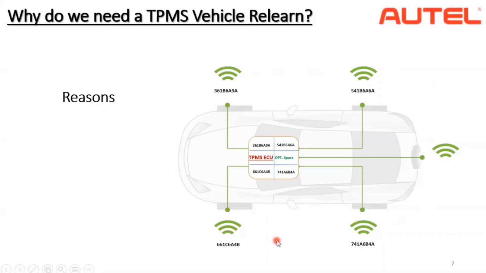As you can see here, there are 5 TPMS sensors on this vehicle, including the spare wheel, and all the sensors have a unique sensor ID, all different. And as you can see, there's a control unit positioned on the car. It could be anywhere in the car. For TPMS, it's called the TPMS ECU.